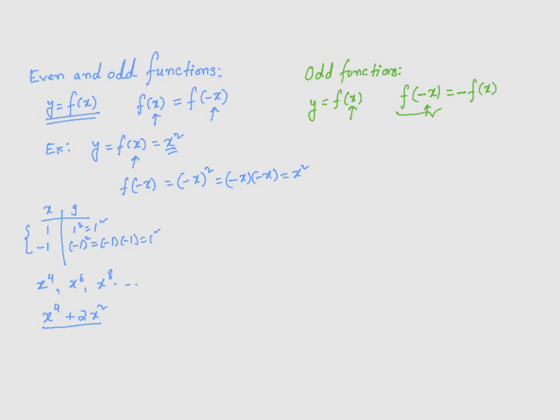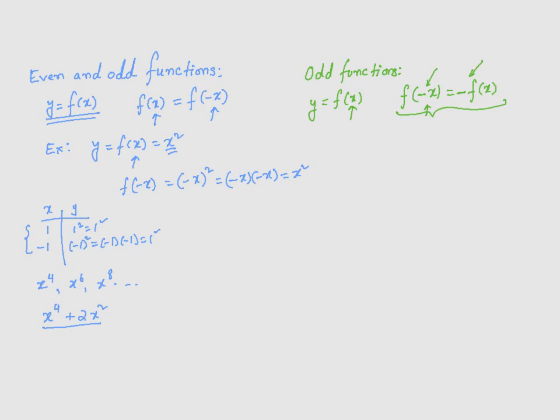So if you have a class of functions where replacing x in the function by negative x makes it negative f of x, it's as if you're multiplying the function by negative 1.